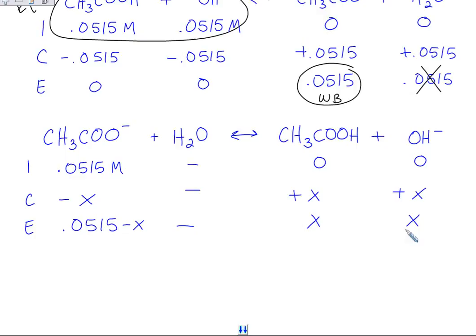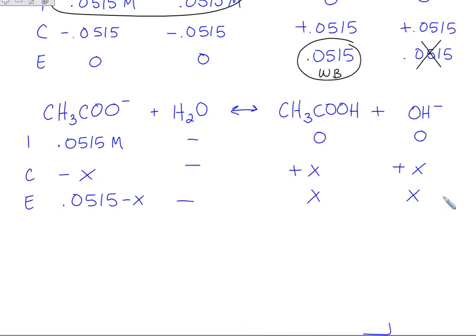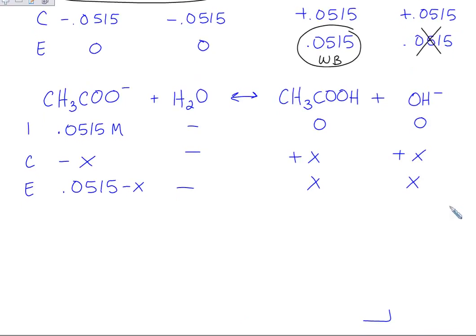Excellent. So I want to find X, and then I can find the pH of the solution. To solve for X, originally they had given us the Ka of acetic acid. But now we've got the conjugate base. So remember, you have to change that to the Kb. So we'll do Ka times Kb equals Kw.